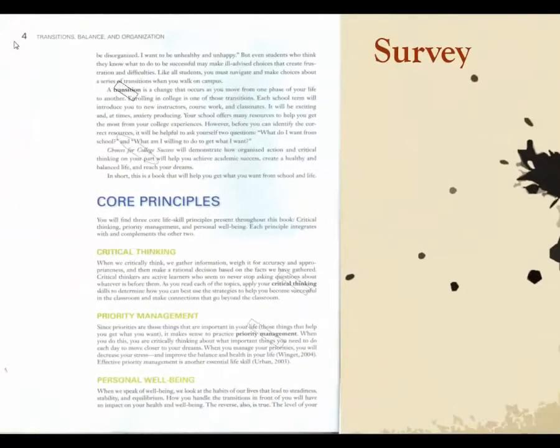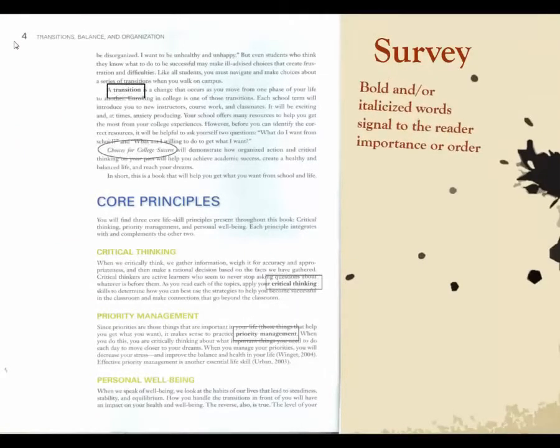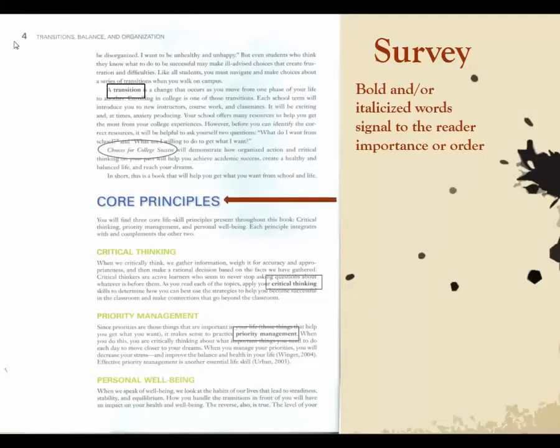Now pick any one chapter from the textbook. Look for any typography, such as bold or italicized words. Bold and/or italicized words signal to the reader importance or order. Check to see how the book distinguishes headings and subheadings.